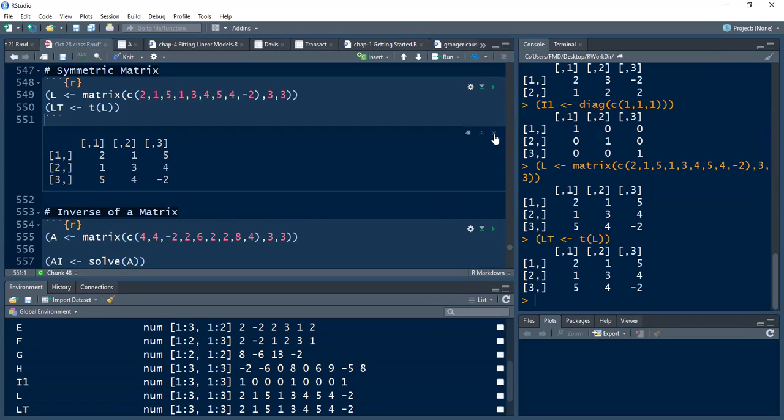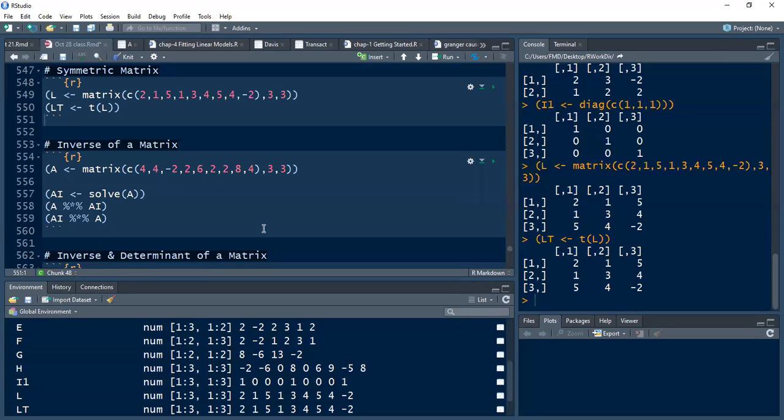All right, we go in now here to the inverse of a matrix. We say that this is very important in some linear algebra applications and finance and econometrics. The concept of inverse of a matrix is very important. So we have a matrix here.